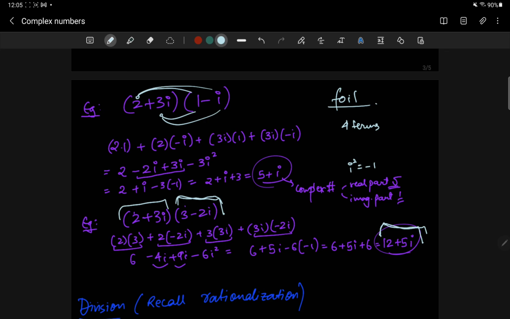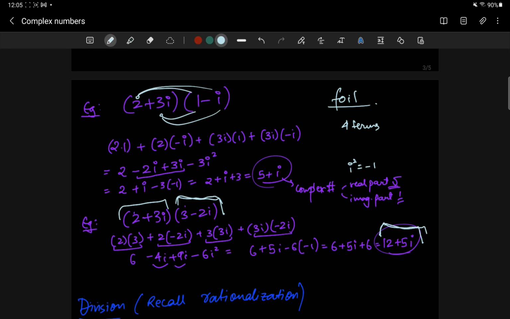Which motivates us to think about the fact that division is also possible, right? It means that if I divide two complex numbers, I am going to get another complex number. What remains to be found is how do we do this division so that we end up with a complex number. And that is something we will learn in the next video.